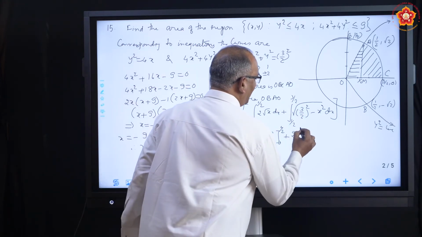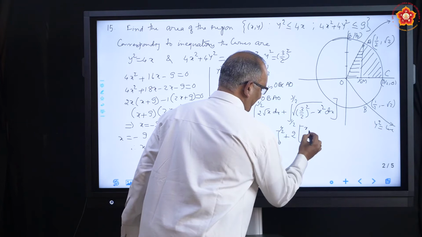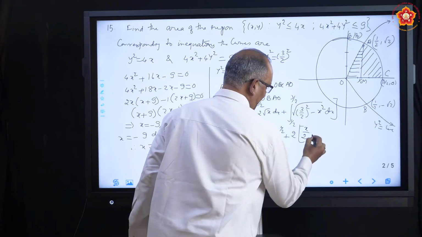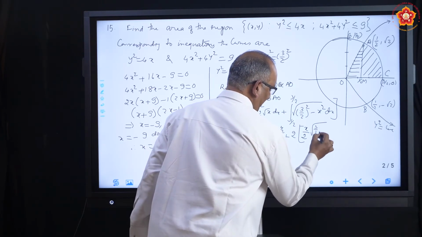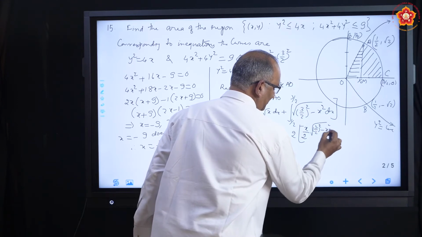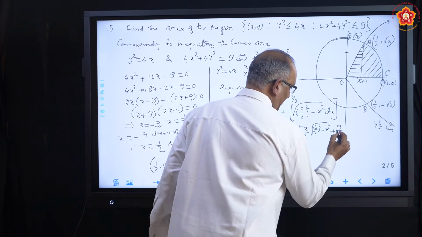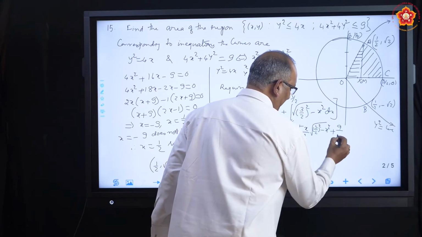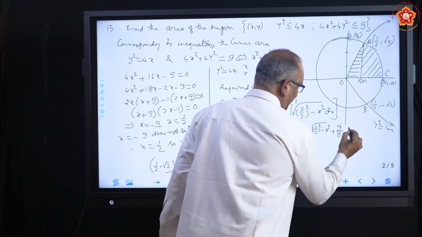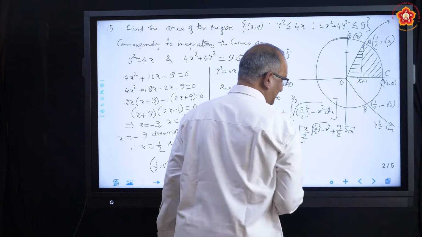x by 2, the same square root, that is (3 by 2) square minus x square, plus a square by 2, that is 9 by 4. This is a square by 2, so it will become 9 by 8 sine inverse x by a.